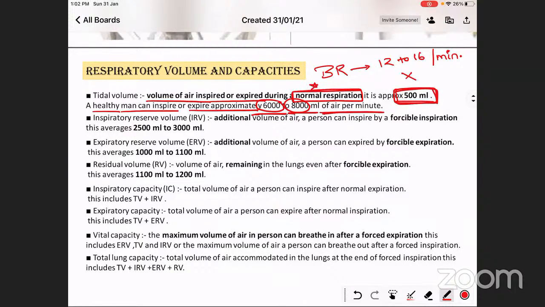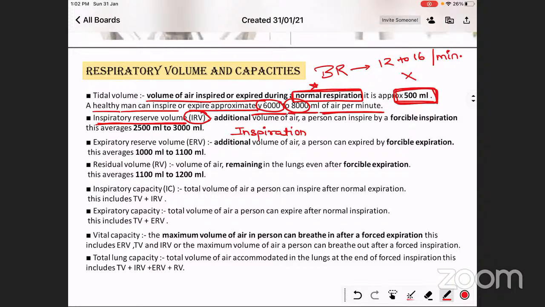Okay, now we are moving towards the next volume that is called IRV, the inspiratory reserve volume. We have to be very clear about the terms in biology. Here the word inspiratory means we are talking about inspiration. The other word is reserve.